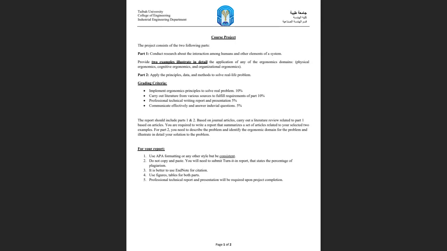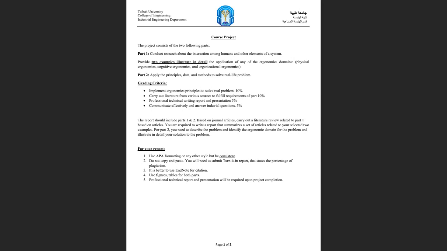But also you can still start looking for a problem that suits the ergonomic concept which we covered today. Identify the domains for part 1 and part 2 clearly, and also identify whether it's a task-based or user-based, and under which classification was your problem.